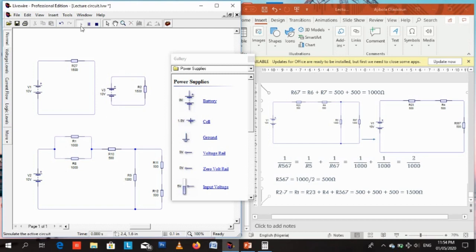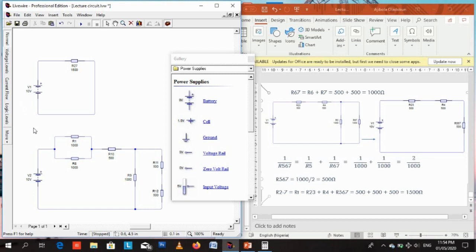The 2 circuits are the same thing. Both of them, we have R27 connected to the 10 volt DC voltage source. When we simulated just now, we saw that the values are exactly the same, 10 volts, and the current is exactly the same. So the orientation doesn't matter, just that we replace the entire circuit that we have below. This circuit below has been replaced by the circuit above.